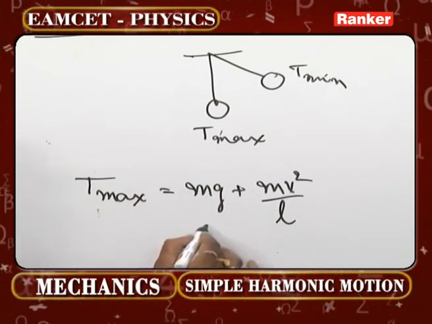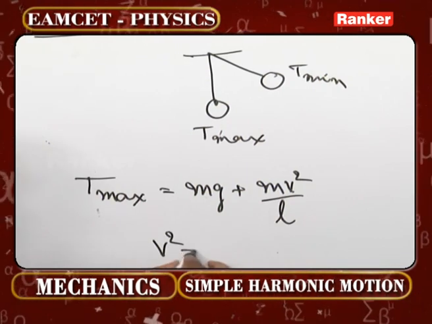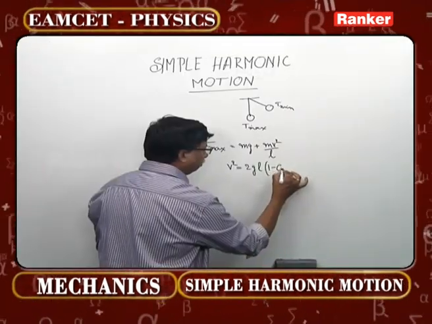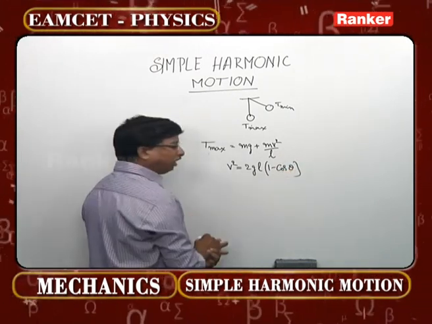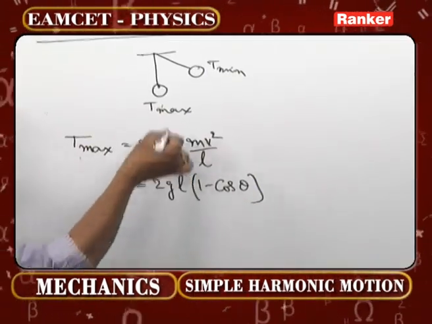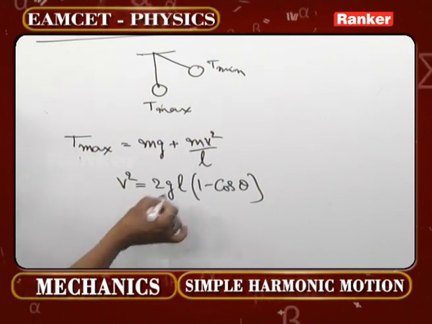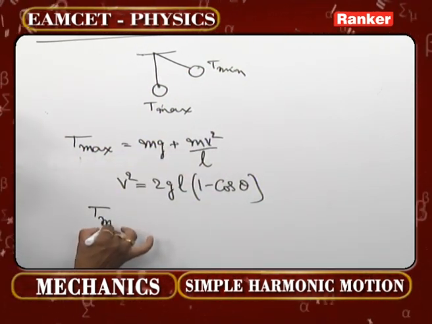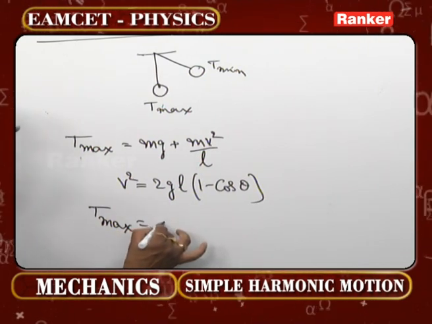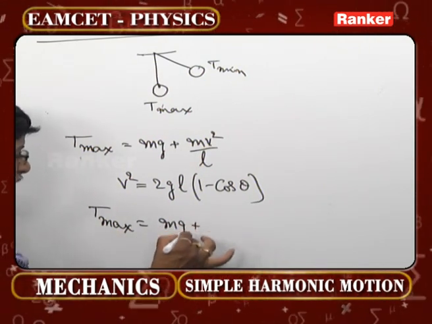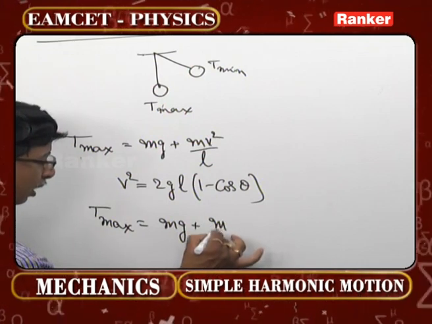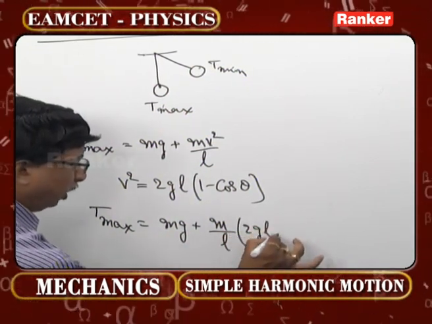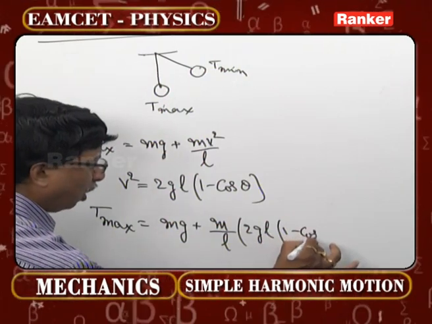And what will be this v square here? V square is equal to 2gl into (1 minus cos theta). That is actually the formula according to the concepts of kinematics. Now if you look at this value, substituting that one here, T maximum, now you will be getting it like this as mg plus m by l into 2gl into (1 minus cos theta).